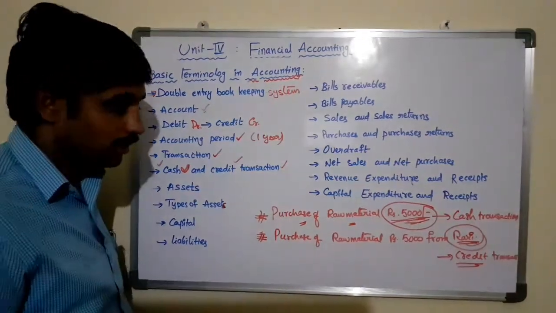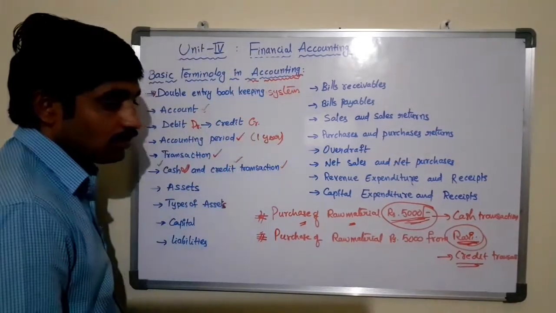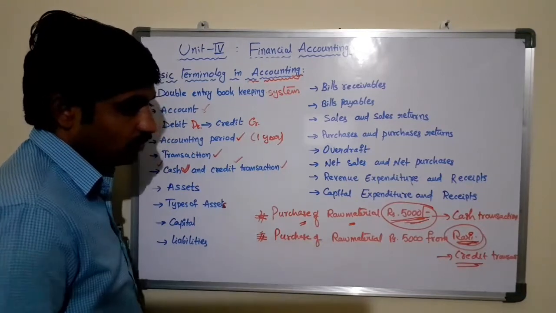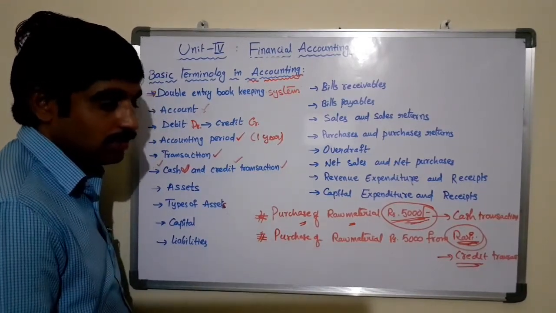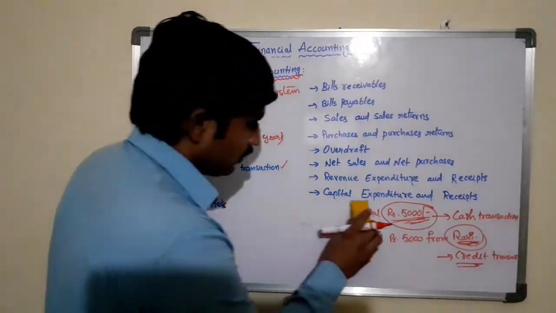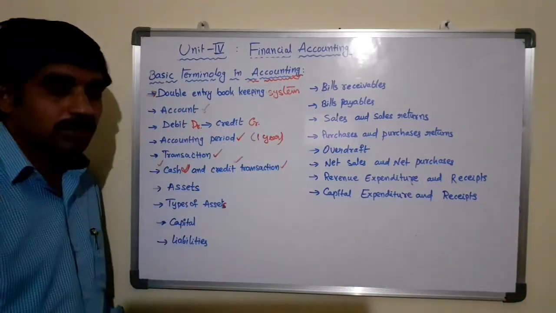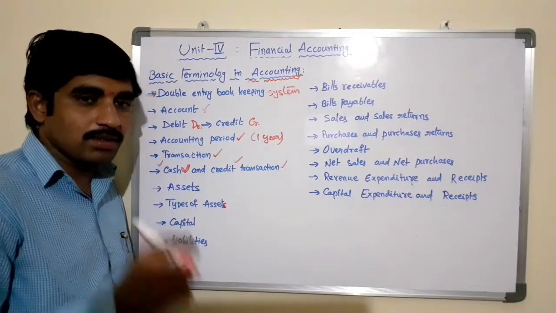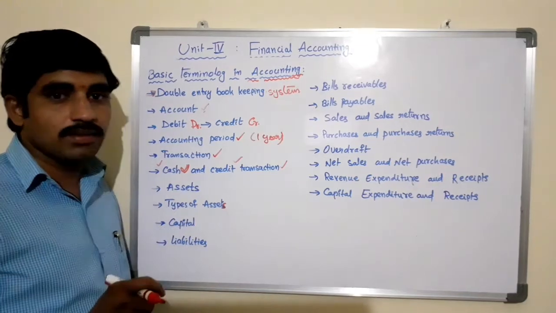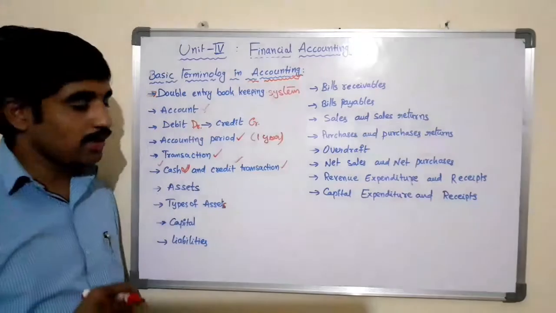But in a credit transaction, we must maintain the supplier's account in the books of accounts till we pay the amount worth the raw material purchased. So these are the two types of transaction generally existing in business. Simply, a cash transaction involves cash, and a credit transaction does not involve cash. These two types of transactions are very important.